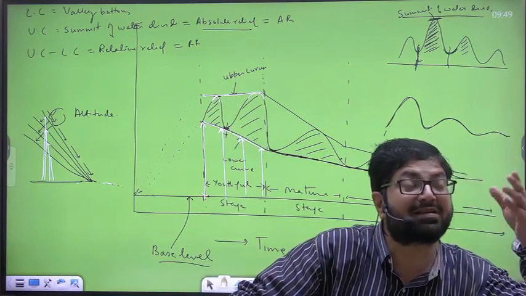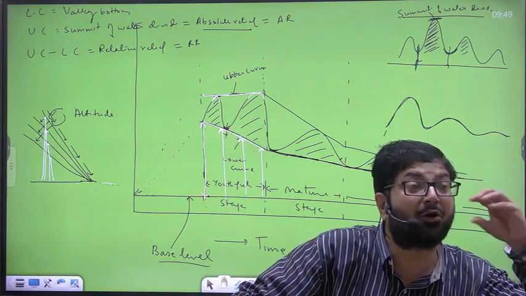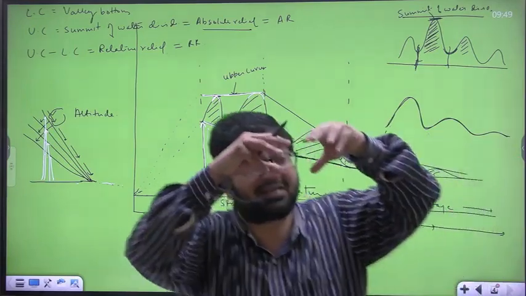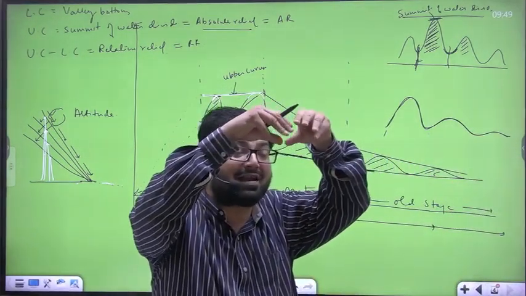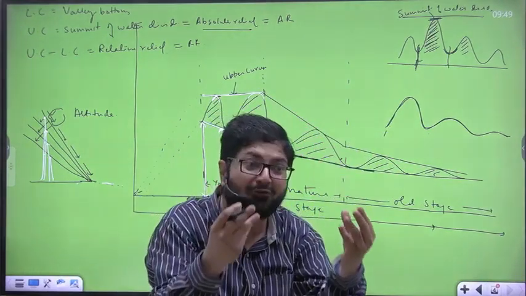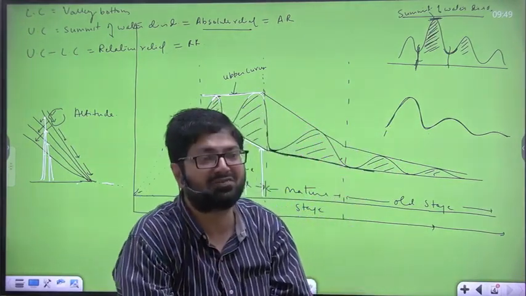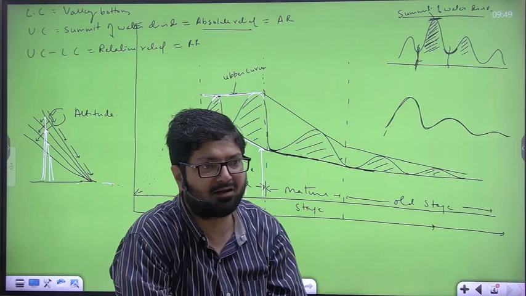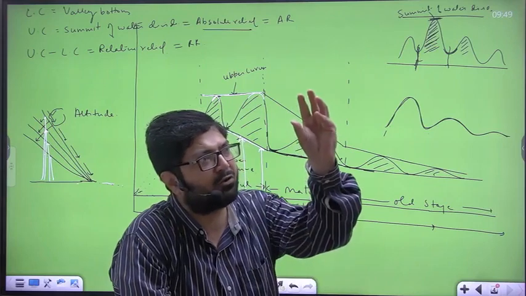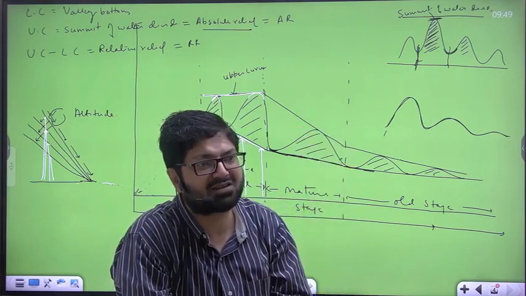In summits कैसे erode होंगे? Because of weathering. Weathering will take place and weathered sediment will fall under the impact of gravity. That is mass wasting. When any debris falls under the impact of gravity, it is known as mass wasting.